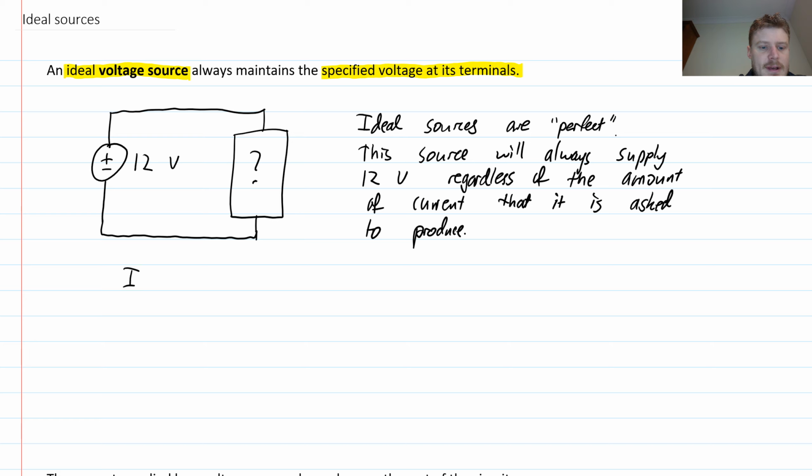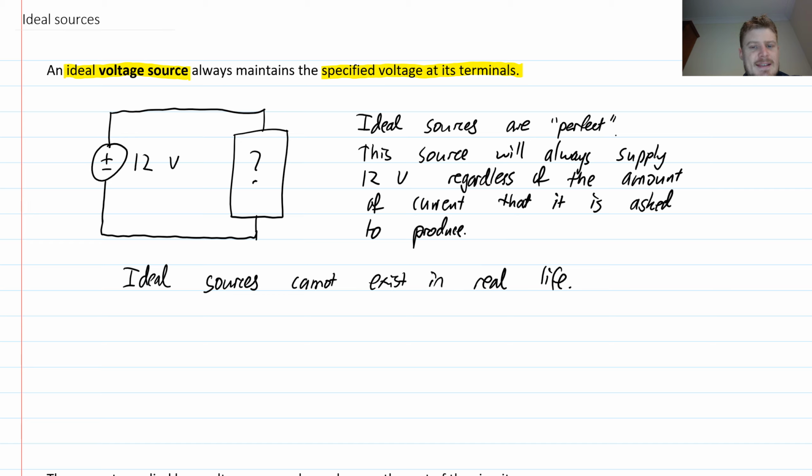An important point to recognize is that ideal sources cannot exist in real life. This is an approximation that we use because it simplifies our mathematical modeling. A real voltage source has some limits. It can only supply a certain amount of power, whereas with an ideal source, we're basically neglecting all of that.